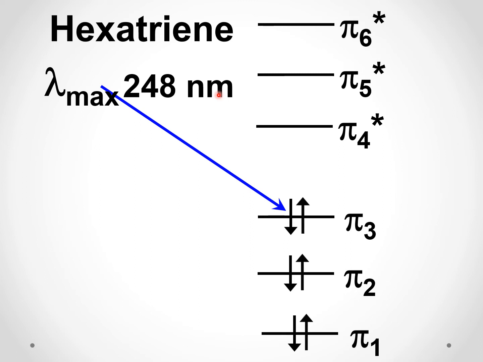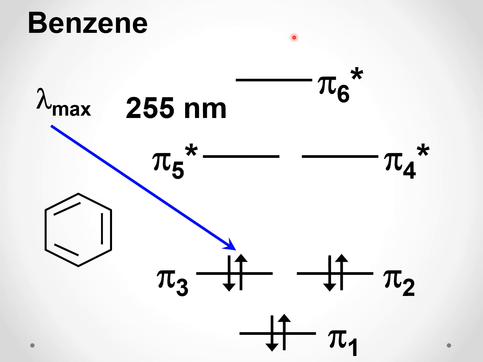The last compound next. This hexatriene, I am going to make it cyclic. Connect the first and the last carbon atom together, so it will become a cyclic compound. We get the cyclic compound benzene.